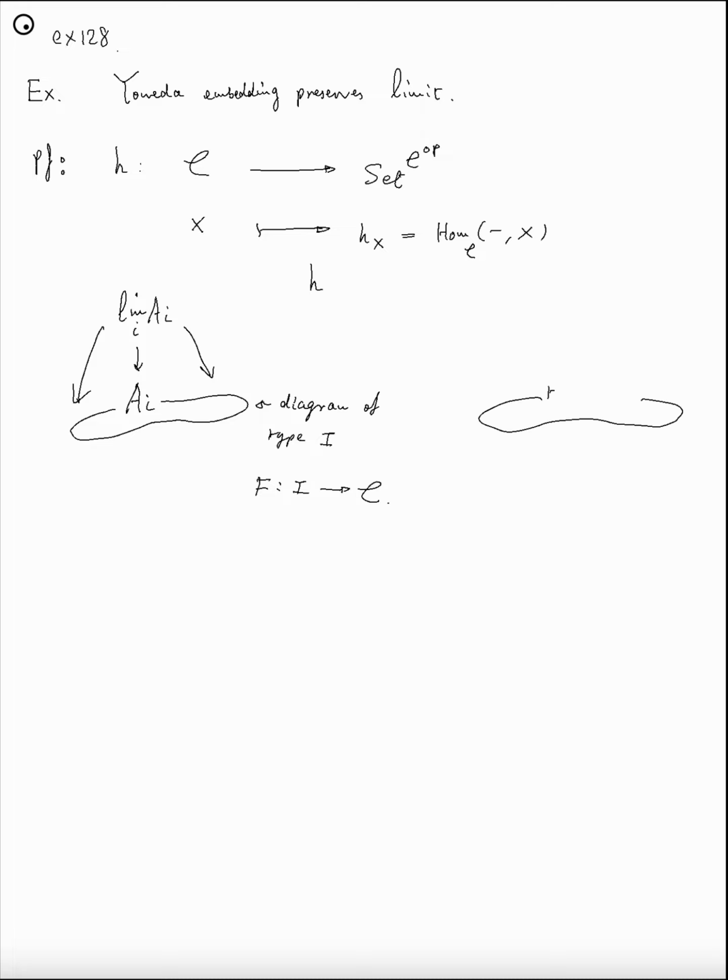Here you have a diagram. If you call this D, a diagram D of type I, let's call it HD.